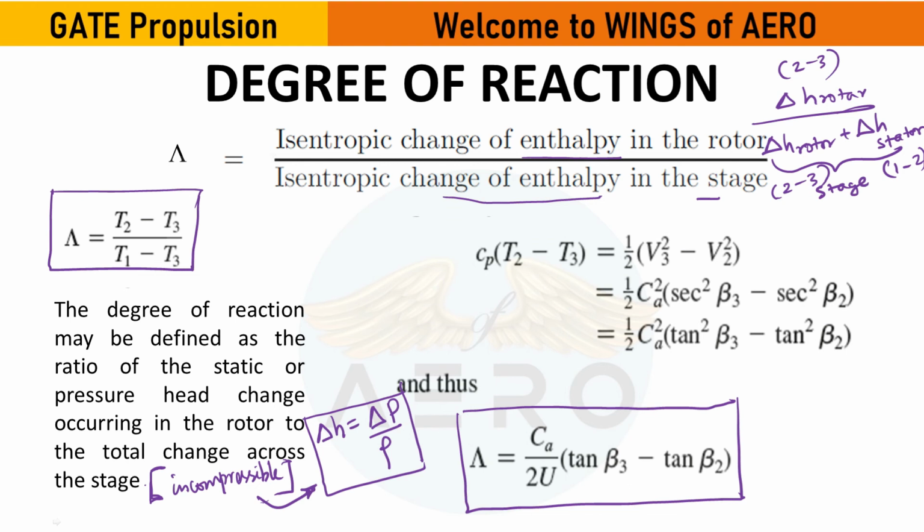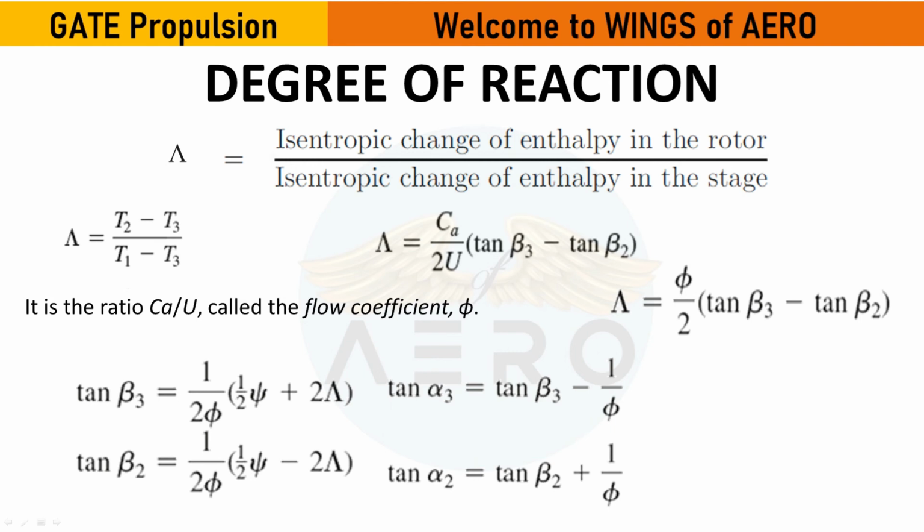The same pattern, only the formulas will change. Then another important factor is the flow coefficient phi. It is the ratio between the axial flow velocity and the blade speed.